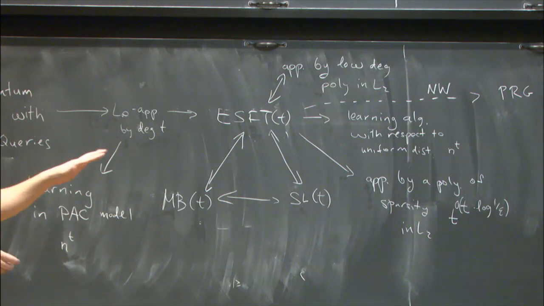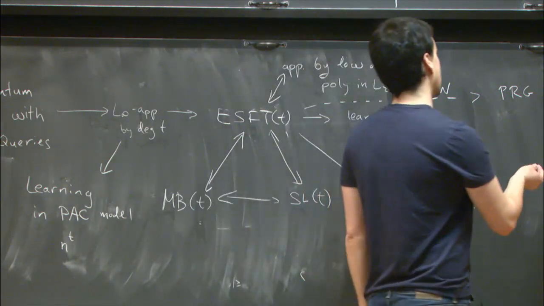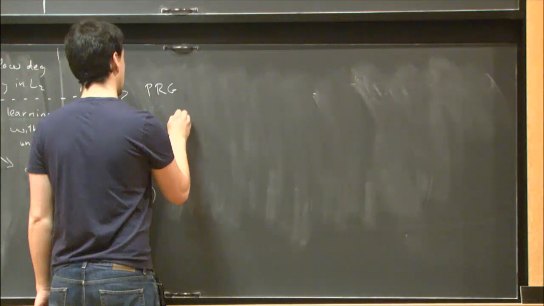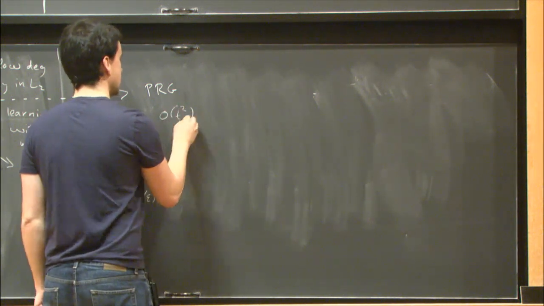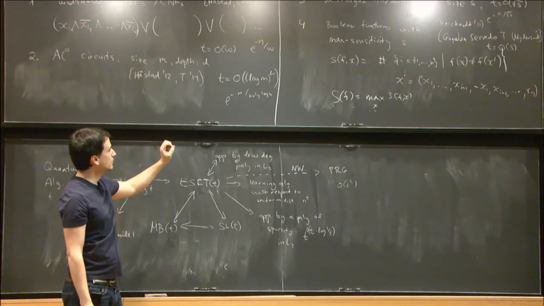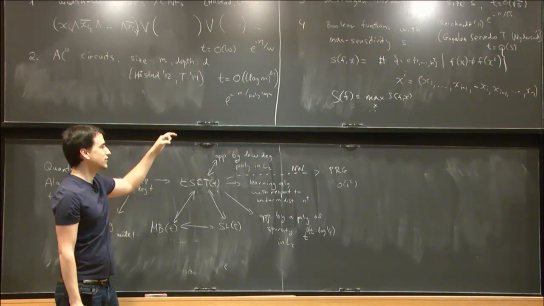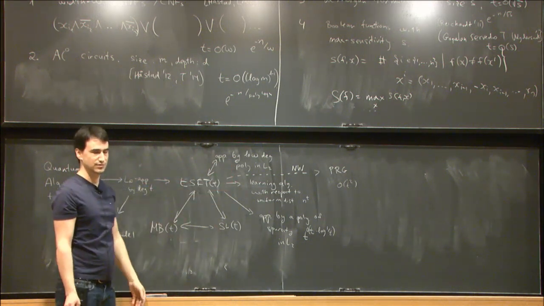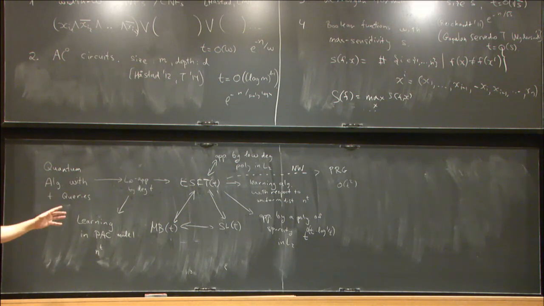So this gives a pseudo-random generator, I think, with seed length something like this. And for several of these classes, you can tailor-make PRGs which get something like O of t, which is better than this thing. But this is specific to each example. Okay.